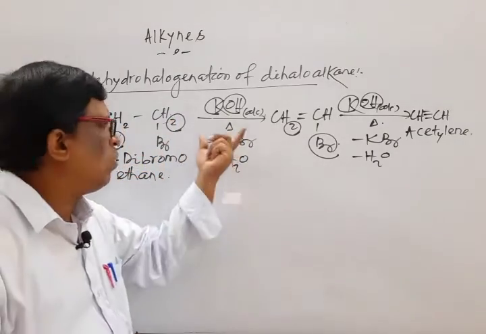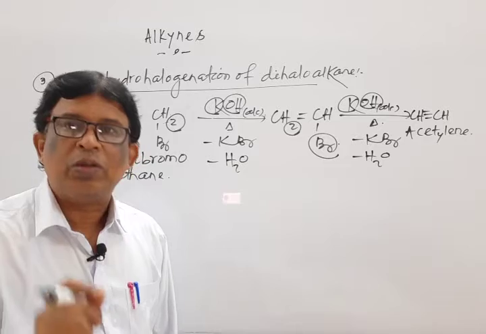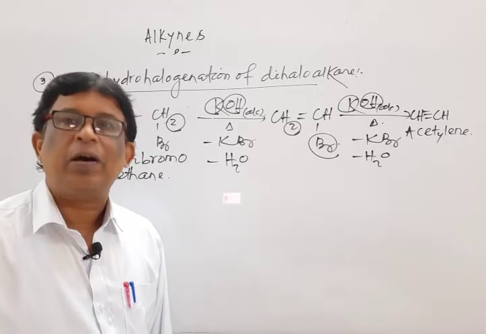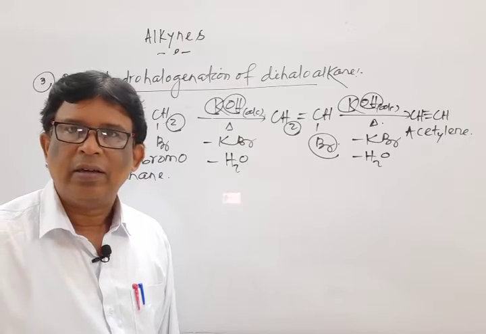When dihaloalkane is heated with alcoholic potash, it undergoes dehydrohalogenation, resulting in the formation of an alkyne. So note down here.